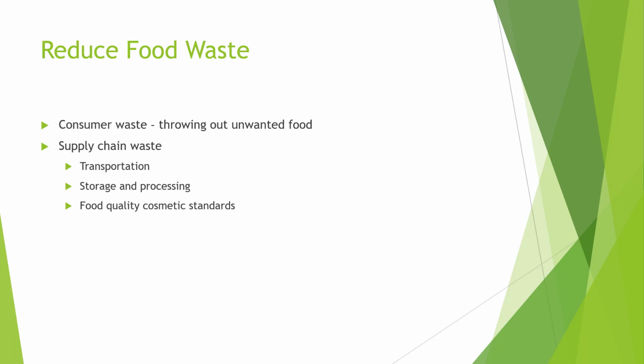This goes back to sustainable farming and local farming instead of shipping in all this food. Can you buy it local? It reduces the amount of fossil fuels that are used in transportation. It reduces storage and processing at a major plant and helps reduce the use of resources and materials.